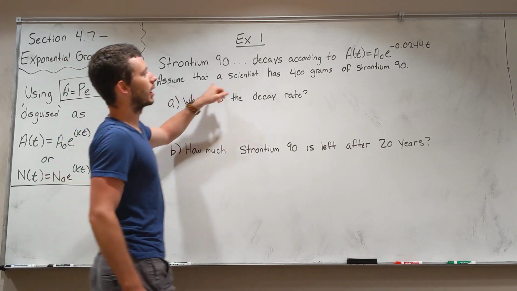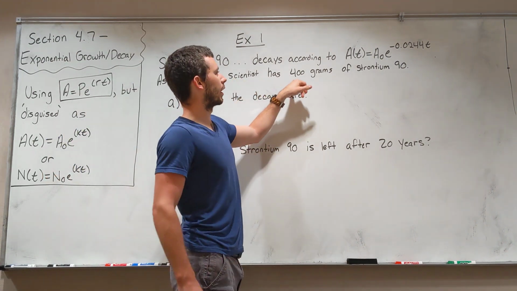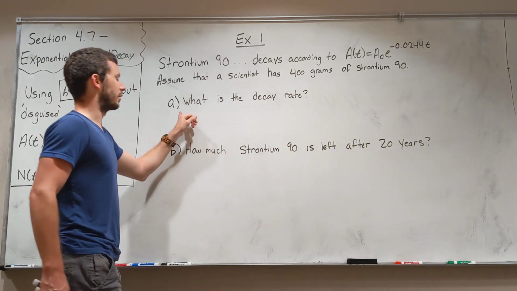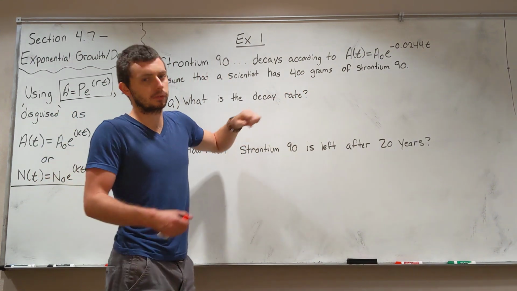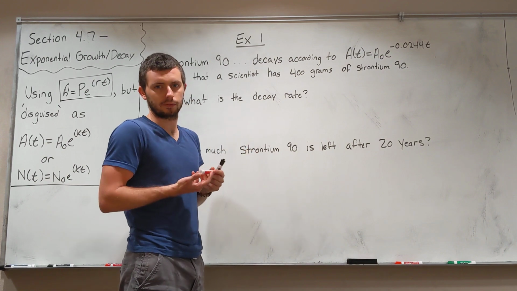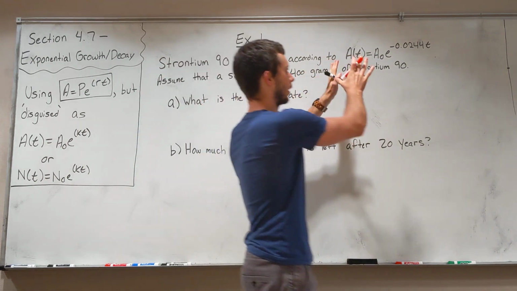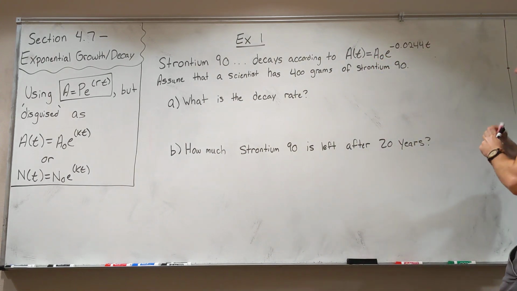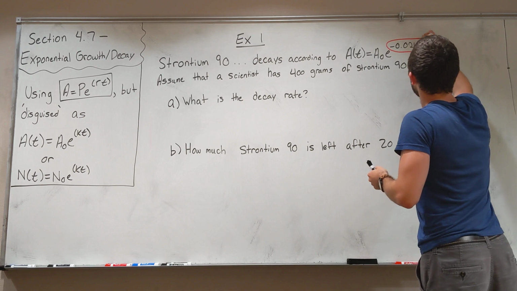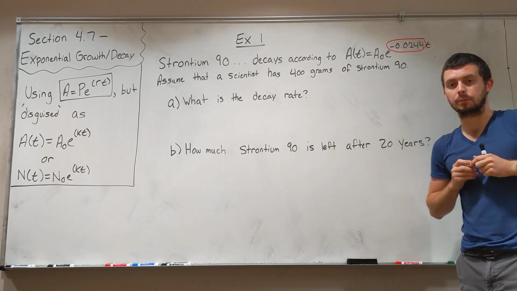And then assume that there's a scientist that has 400 grams to start off with. And they first ask about the decay rate. Now the decay rate, this should be pretty simple because they give that, as long as we know how to dissect this formula, the decay rate we can identify as coming from this quantity.